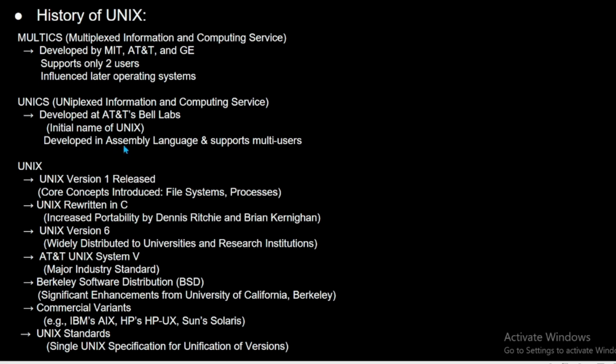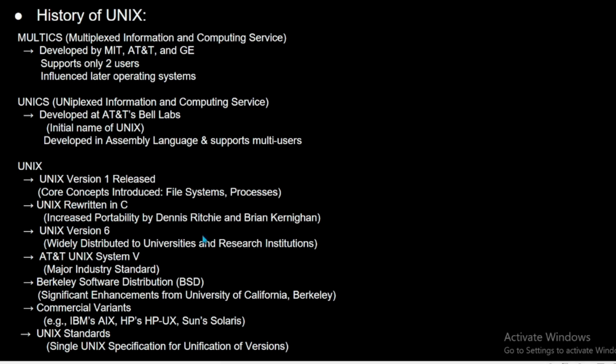It was developed in assembly language and supports multi-users. Next came the Unix operating system, which went through several variations. Initially, it was Unix version 1, where file system and process concept was introduced. Next, in the next version, Unix was rewritten in C.